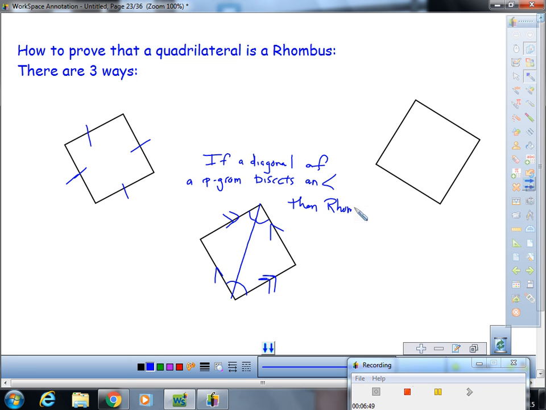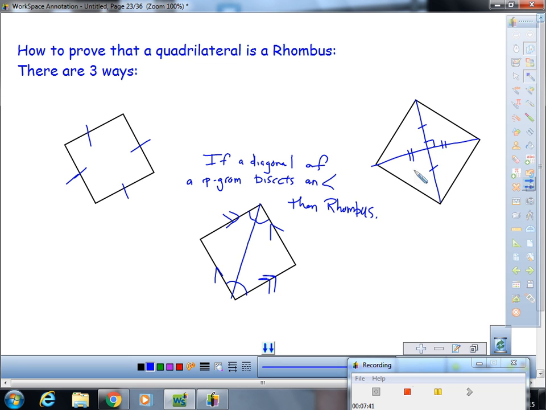Notice I'm not using pictures for rhombus. Okay? And finally, and this isn't going to look like a great picture because of the widescreen, although that's not bad.